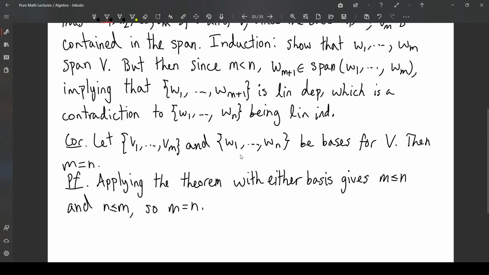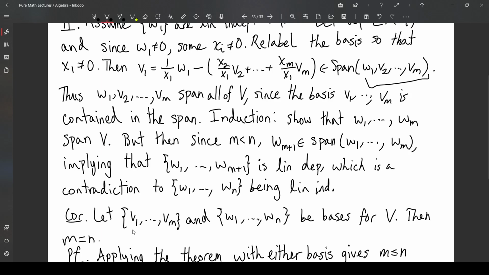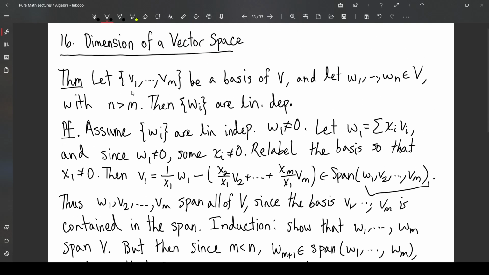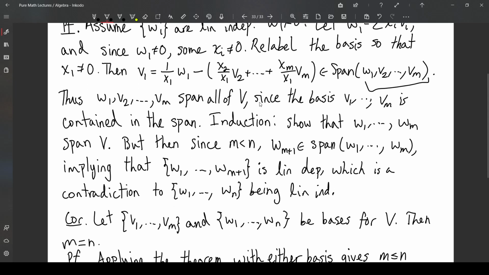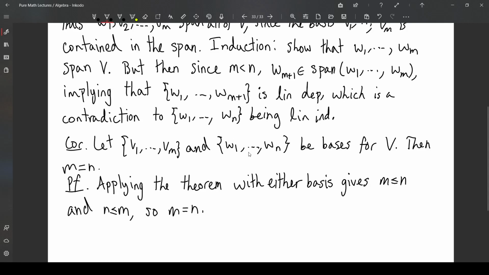So what I mean by this is that in one direction, right? If I use the v sub i's as my basis, then I go to this theorem and say, okay, these v sub i's are my basis, and I have some w1 through wn. If n is greater than m, then the wi are linearly dependent. But w1 through wn is a basis, so by definition of a basis, it has to be linearly independent, which means n can't be greater than m. Okay? So that would give me this one, right?